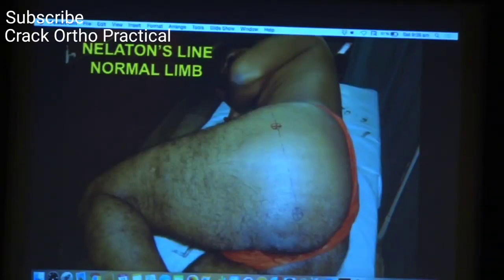So just a tip which I want to share with you is that if you palpate the proximal most limit of the ischial tuberosity and the distal most limit of the ischial tuberosity, and you settle for the midpoint there, you are more likely to be accurate in assessment of the most prominent part of the ischial tuberosity.